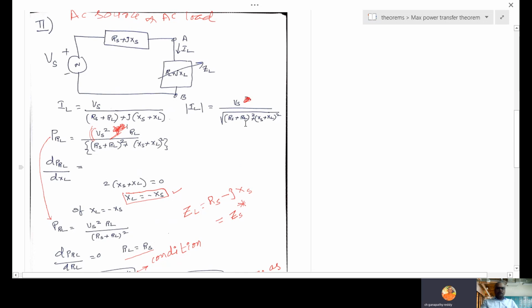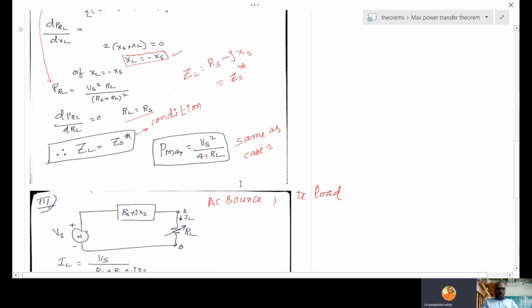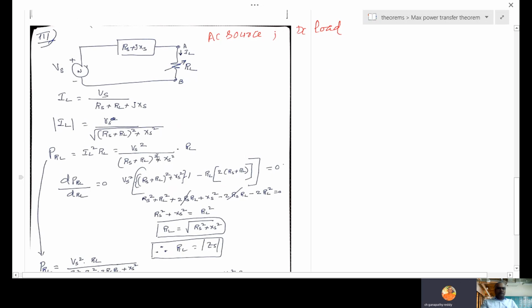So power is current square, Vs square by this. IL equal to Vs by so and so. Power equal to IL square into RL. So Vs square by this into RL.